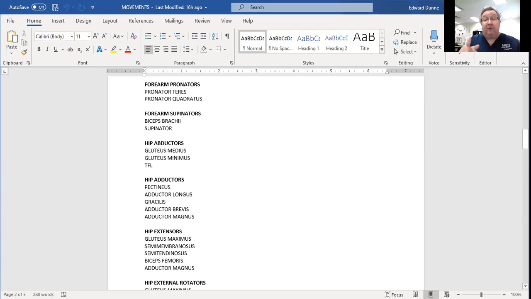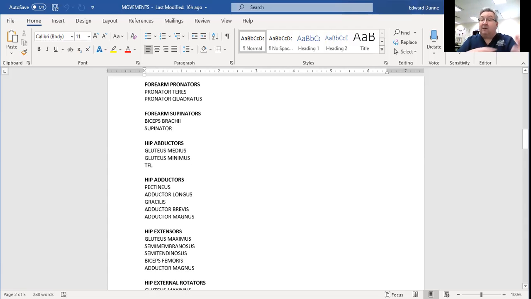Remember what I spoke about with the medial epicondyle: most of the flexors of the forearm and wrist and fingers come from the medial epicondyle. And Pronator Teres inserts into the radius bone, to the proximal radius. All right, so it performs pronation.